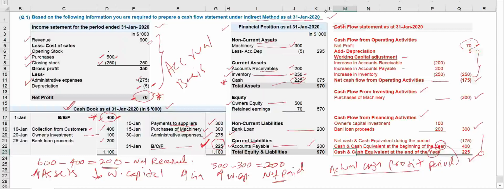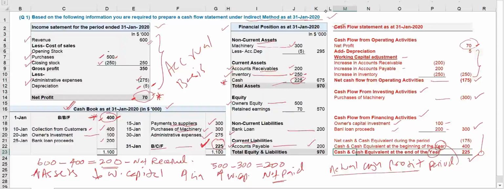Apart from that, the financing activities consist of the owner's additional investment and bank loan proceeds: the bank loan proceeds of 200,000 and the owner's additional capital investment of 100,000, which is 300,000.